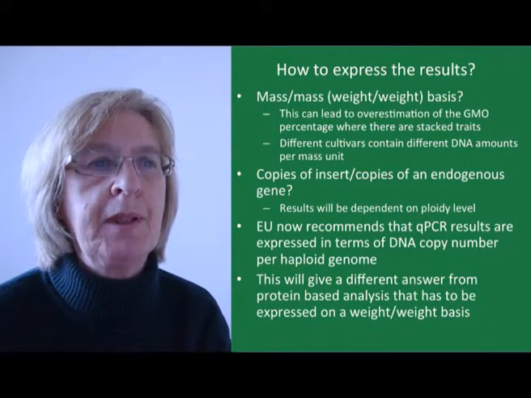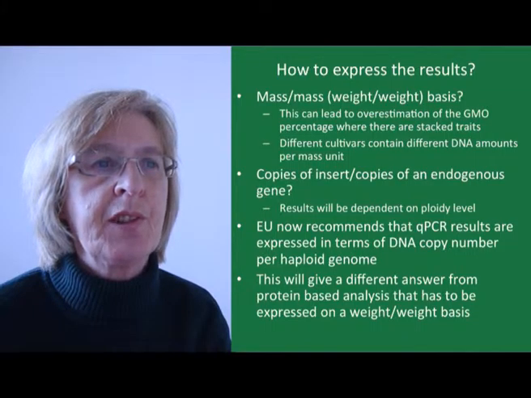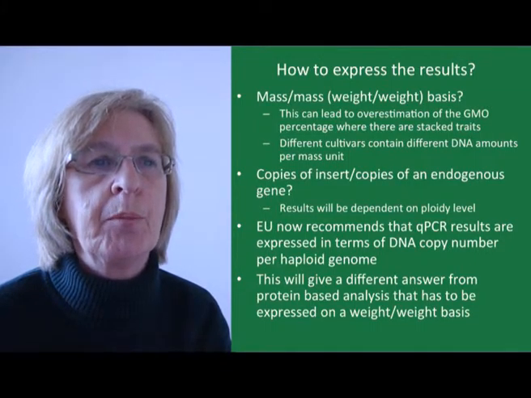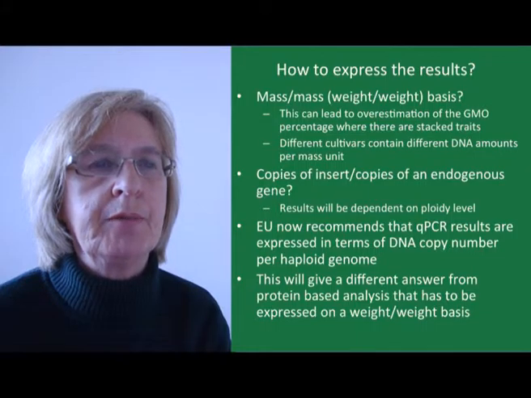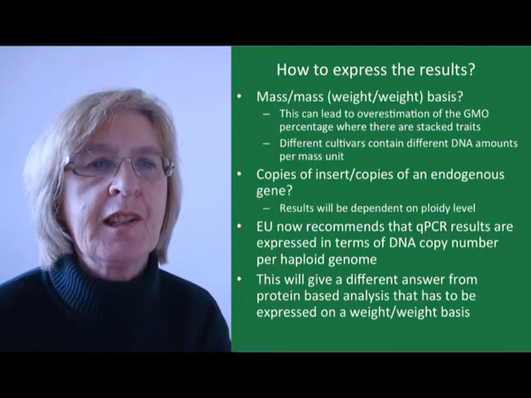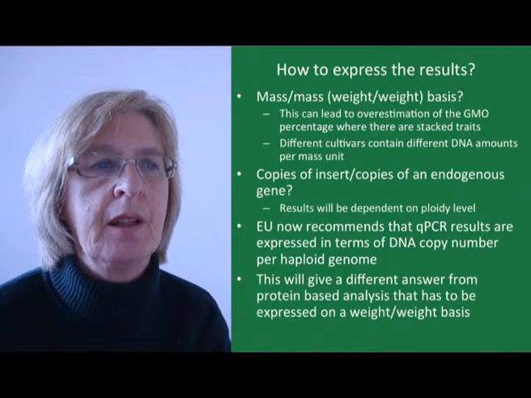That can work where PCR is used as the detection method, but it has to be recognized that this will give a different answer from protein-based analysis, which can only be expressed on a weight-to-weight basis, i.e. the amount of the GM protein as a percentage of the total protein. The methodologies are still evolving, but this debate has to be placed in the context of the fact that the threshold for labelling is in any case a somewhat arbitrary decision and varies between countries.